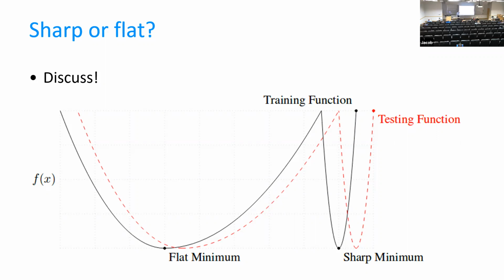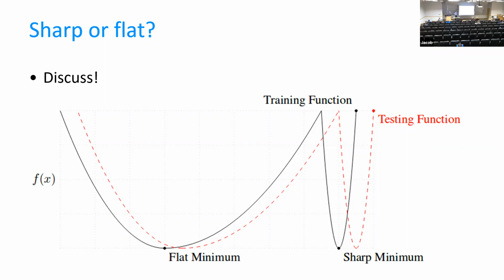Here we have a training loss function in solid black and a test loss function in dashed red. We have both a flat minimum and a sharp minimum, and we're going to assume that these are the exact same loss, but one is shallow and the other is more sharp.